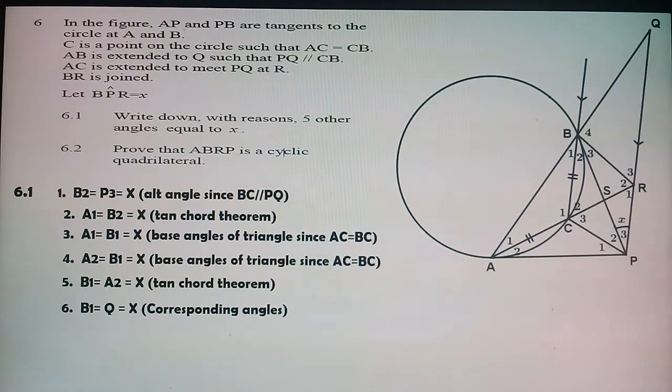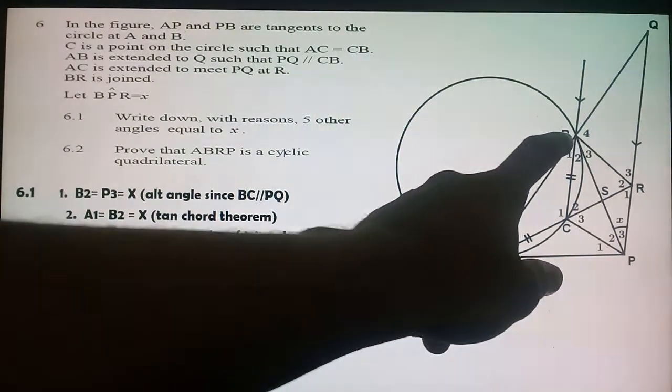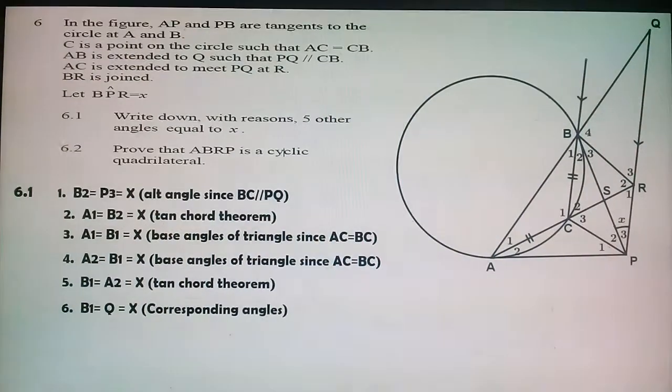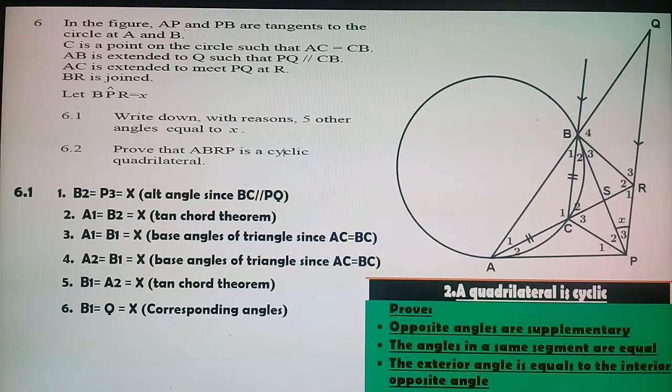Now, for 6.2, they say prove that ABRP is a cyclic quadrilateral. What do you know about a cyclic quadrilateral? Bring three facts about a cyclic quadrilateral.